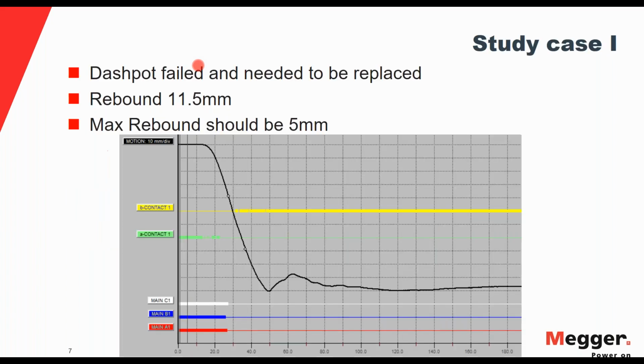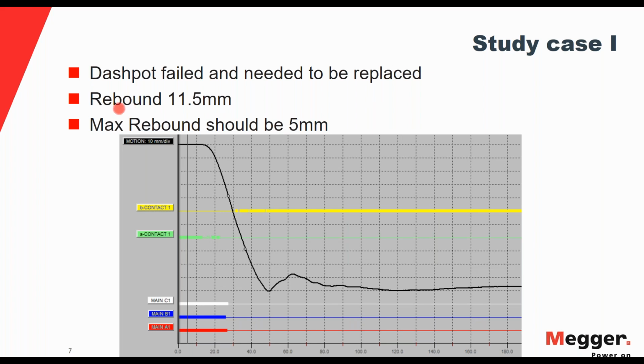The first case study is that they have a dashpot. A dashpot is basically a damping device. It's used at the end of the travel of the interrupter motion to stop the interrupter after closing or opening the breaker. This dashpot had failed and needed to be replaced.